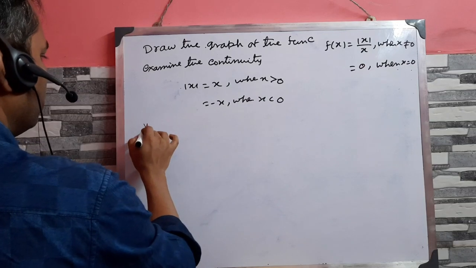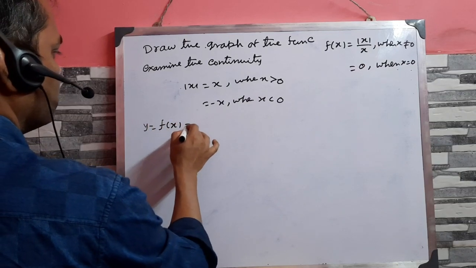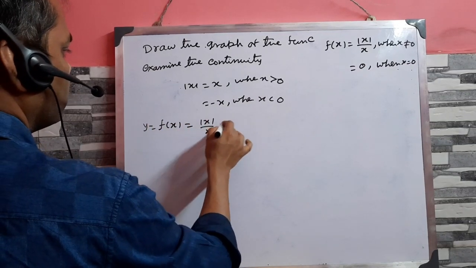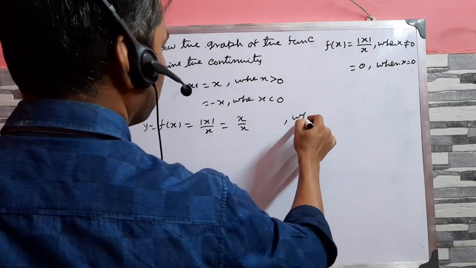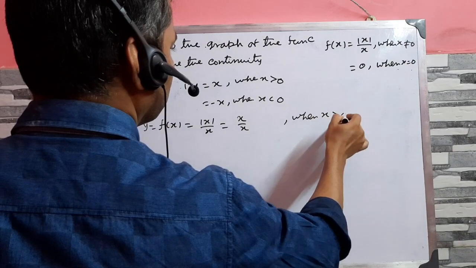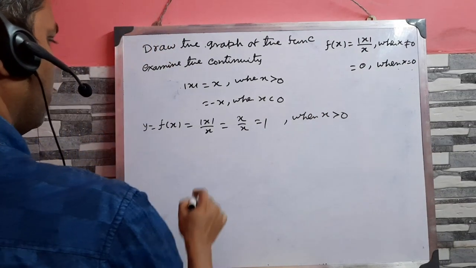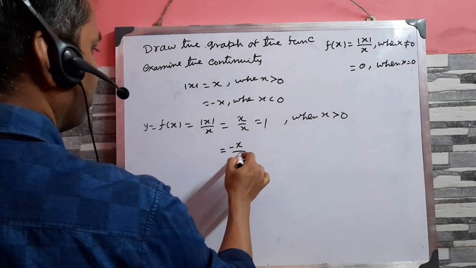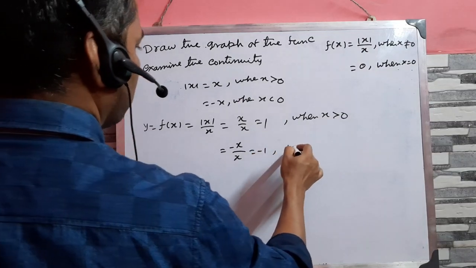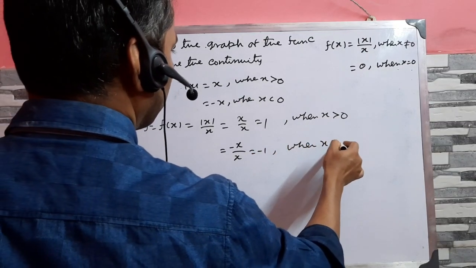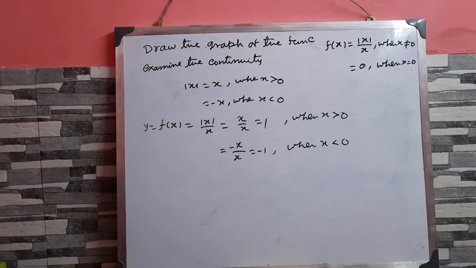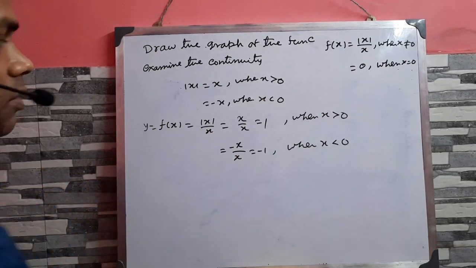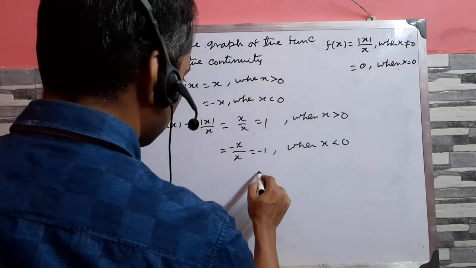And for the given function y equal to f(x) equals mod of x by x, that is x by x when x greater than 0, so that becomes 1, and minus x by x equals minus 1 when x less than 0. So y equal to 1 is parallel to the x axis, and y equal to minus 1 is also parallel to the x axis.